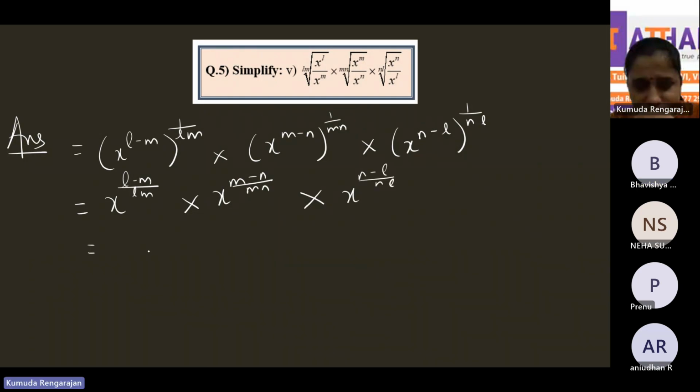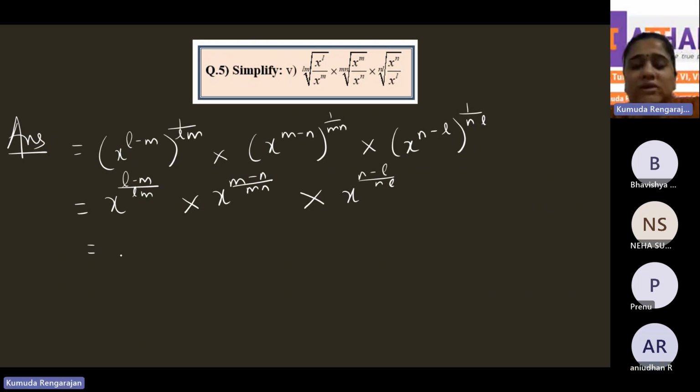Very good. Anirudhan, next step. Ma'am, you'll have to multiply. X to the power l minus m by lm plus m minus n by mn plus n minus l by nl.